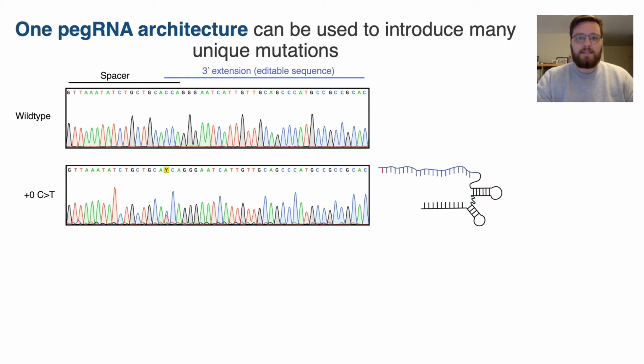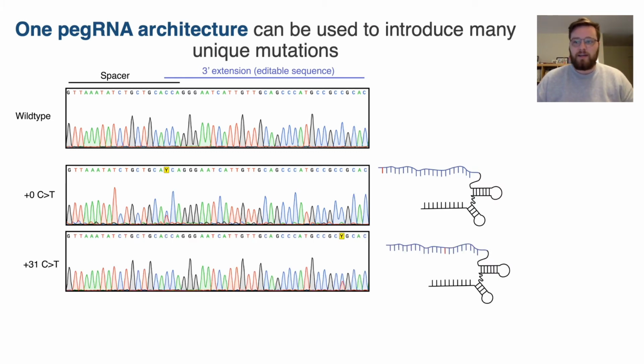But using that exact same pegRNA architecture and just swapping the nucleotide within the 3' extension there, you can encode an edit, in this example here, 31 base pairs away, another C to T transition. And what you can appreciate is that the editing efficiency does not seem to drop precipitously as we go farther and farther away from that nick site.